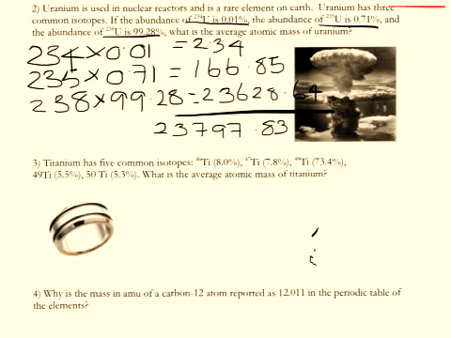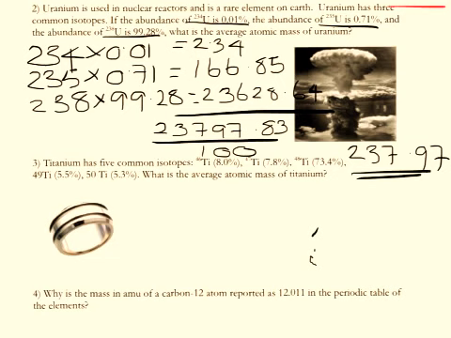Trust me, you can work it out in your calculator a bit later to see if it all makes sense. Like we said earlier, this is 100% of the relative abundance on the planet. So we divide it by 100. What you should then find is that the relative atomic mass, or the average atomic mass of uranium, comes out at 237.97. There's your answer.